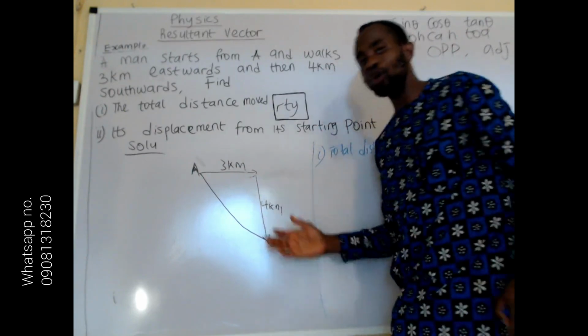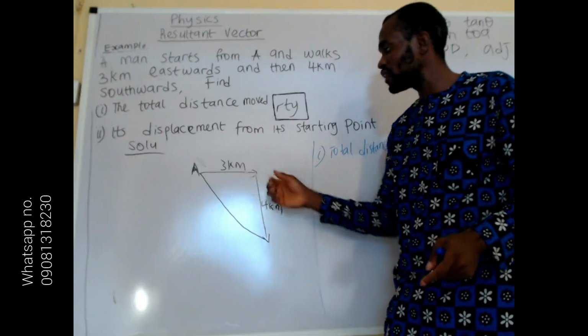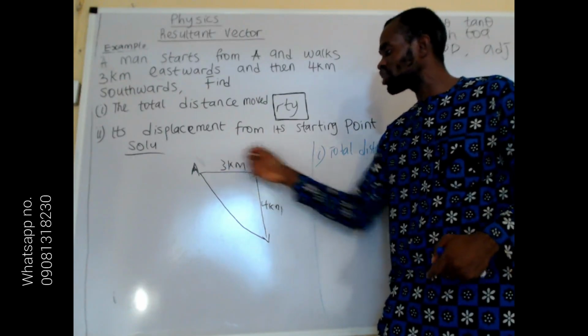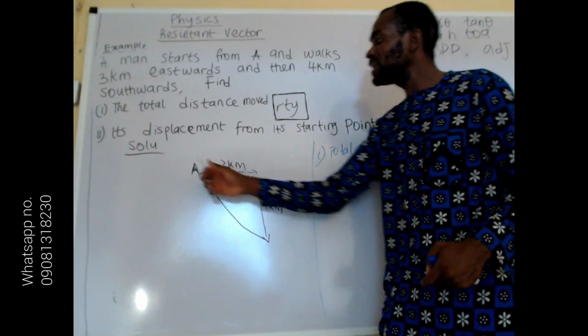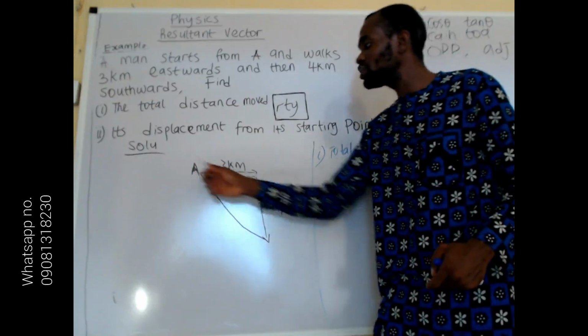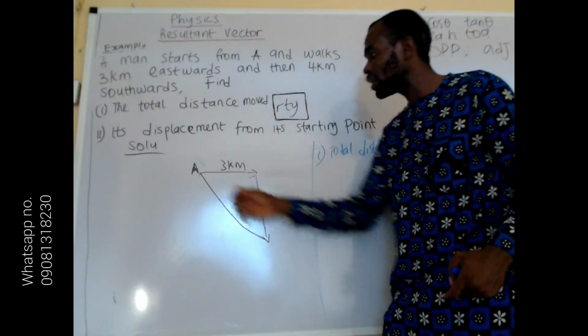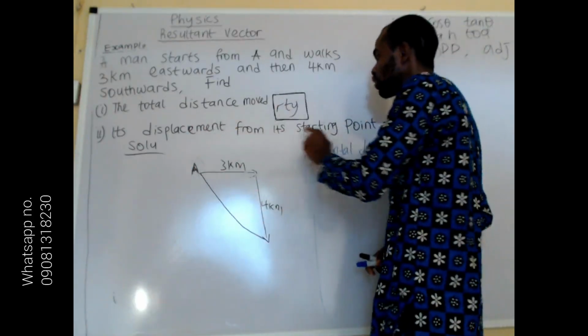So it follows the rule of adding two vectors. Now we want the sum of these two displacements. It will be the shortest distance between the 2 points, joining them together, which is the resultant vector.